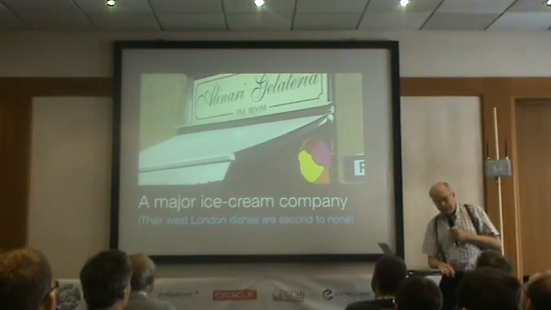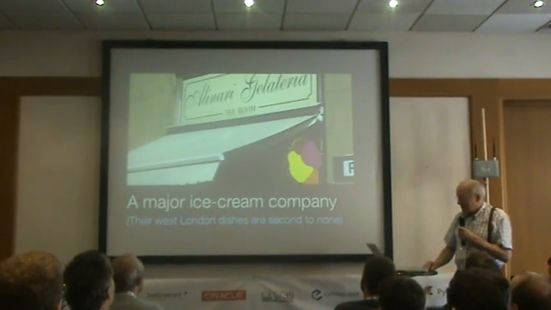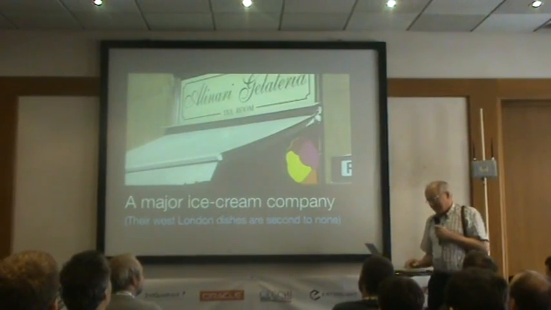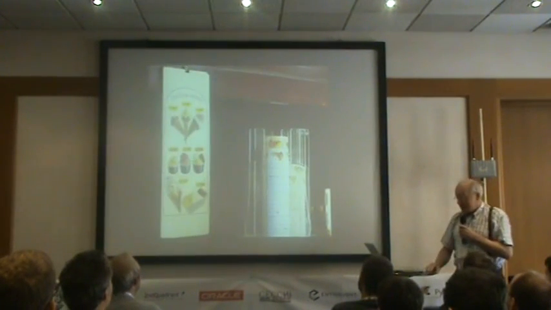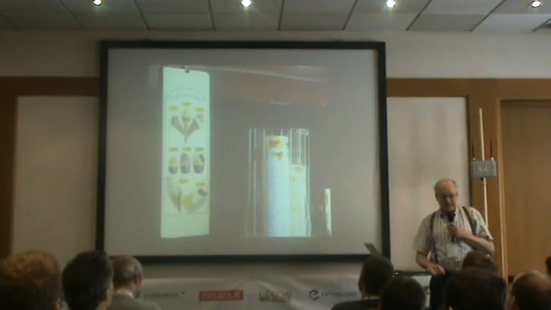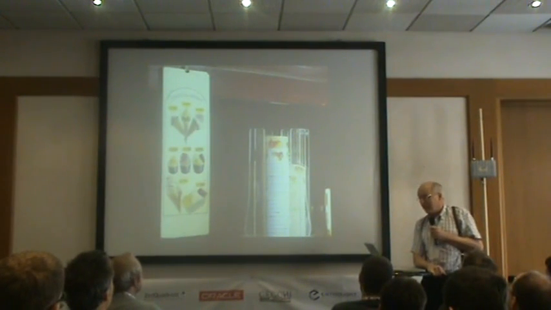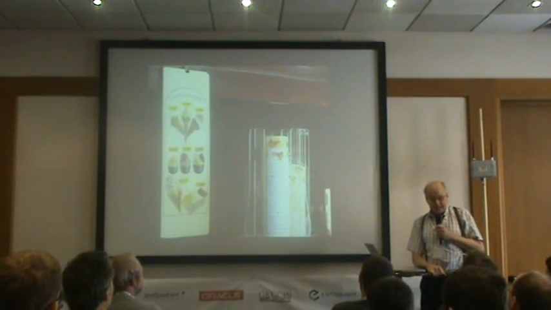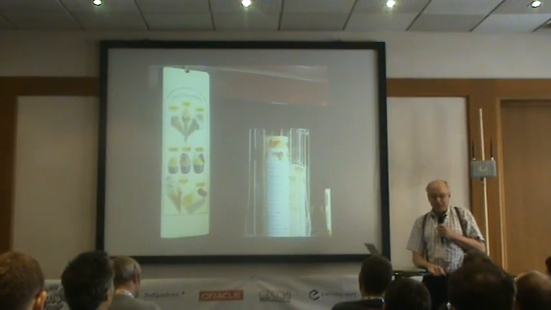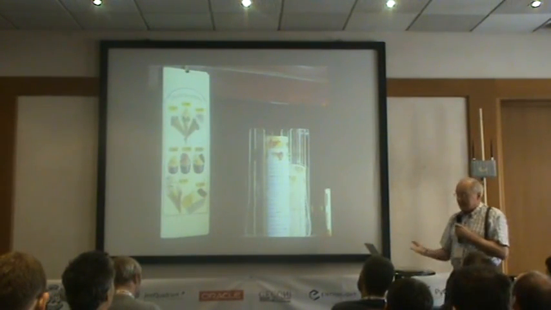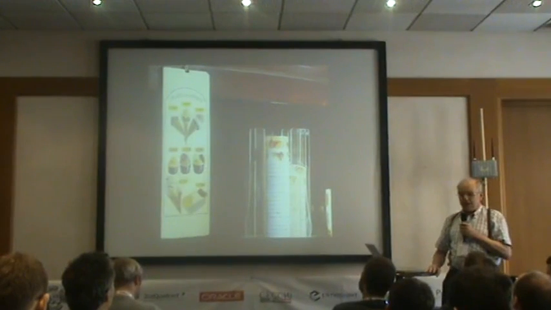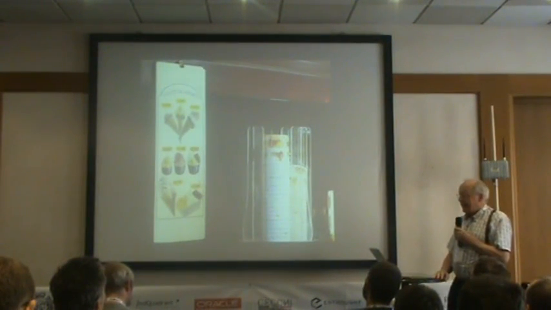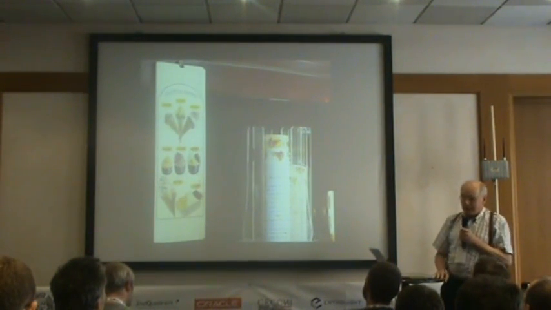The major ice cream company that we work for, and their West London dishes are second to none. We have here a very nice ice cream parlour with some prices of products that we can see there. And thinking as Python developers, how would we price these in a way that could be useful to a front end?